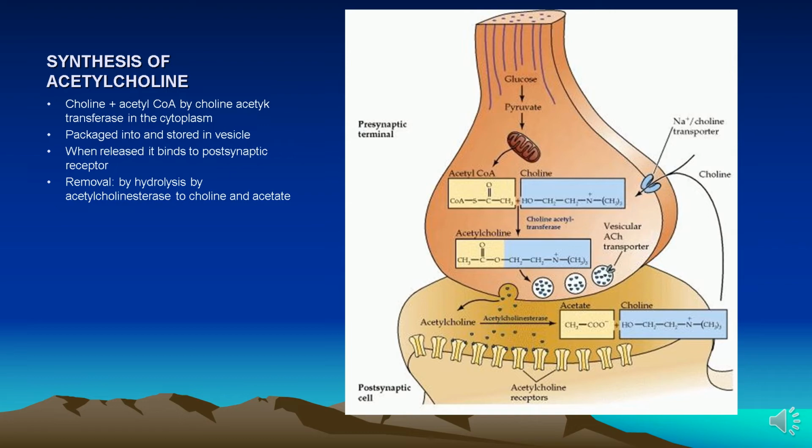It will bind to some receptors in the postsynaptic, and it is removed by hydrolysis by acetylcholinesterase to choline and acetate. Choline will be reuptaken by the presynaptic cell, and the cycle will start again.